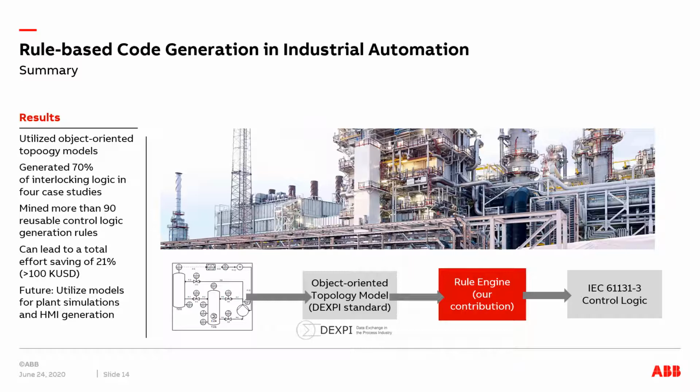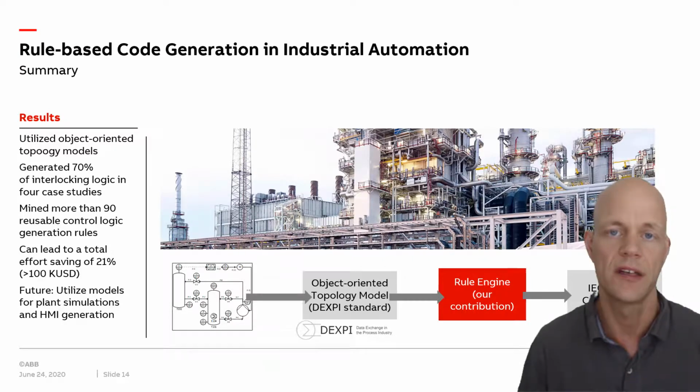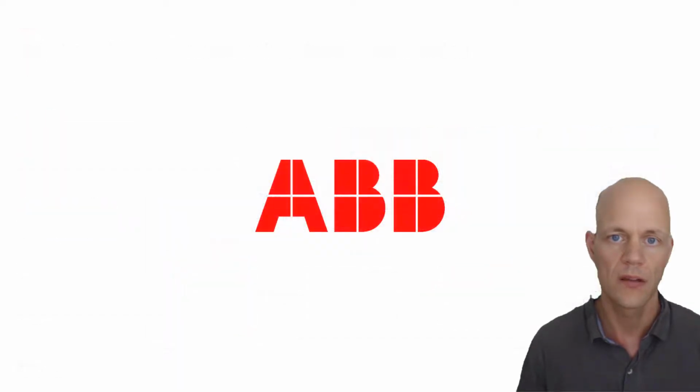We mined more than 90 different rules from these cases, and we estimated that this can lead to a total effort reduction of 21% in such an automation project, which can be up to several hundred thousands of dollars. In the future, we also want to utilize the models for other purposes, for example, for simulations and for the generation of process graphics. Thank you for your attention.